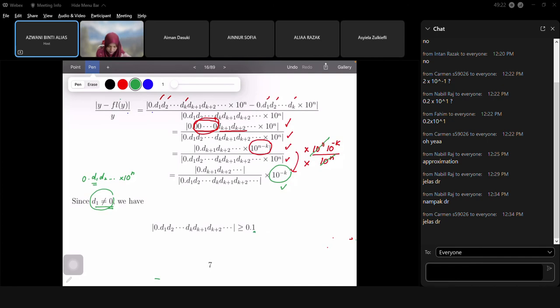So should be greater than 0.1. Dia tak boleh 0.0 sebab disebabkan oleh D1 cannot be 0. Boleh tak? So the bound of this adalah greater than 0.1. Boleh tak?